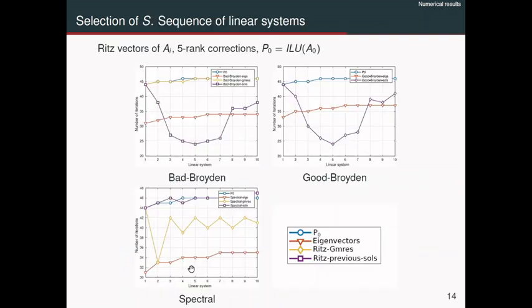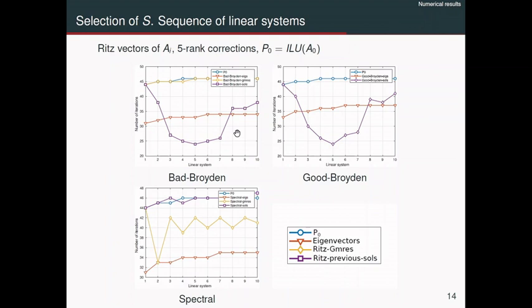Then we are going to test the type of selection of X, because the S can be obtained from the eigenvectors, which in theory are the optimal. Then we can use the residual vector from GMRES, and then the residual from the previous solution. For the bad Broyden and good Broyden, we can observe that the previous solution obtains good results, even though the solutions are not very linear.